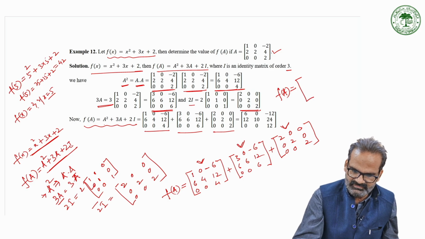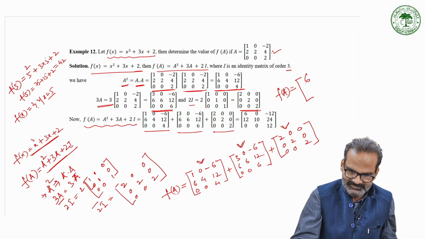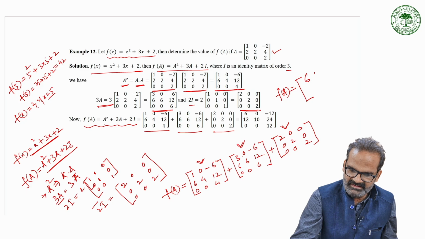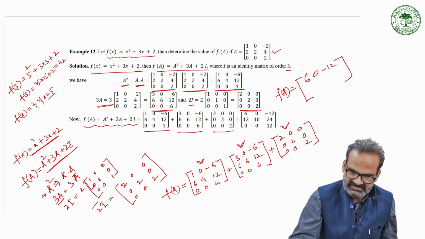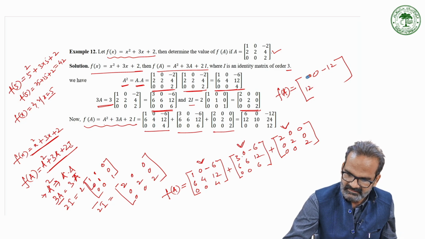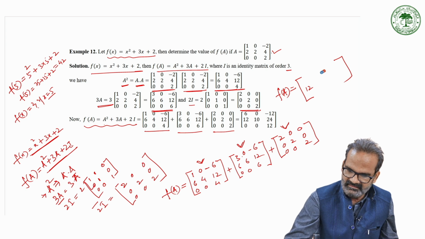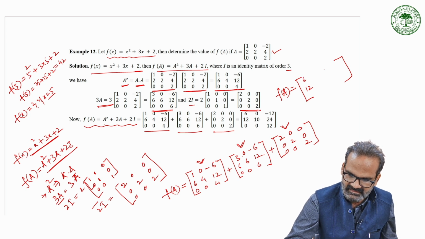1 plus 3 is 4 plus 2 is 6. You can also write directly like this, right? 1 plus 3, 4 plus 2, 6. 0 plus 0 plus 0, that is 0. Minus 6, 12 plus 0, that is minus 12, right? 6 plus 6 is 12 plus 0, that is 12, right? This is 6, 0, and minus 12.